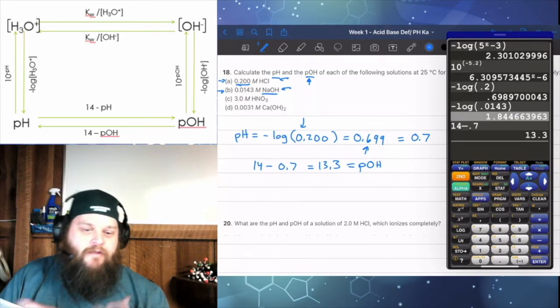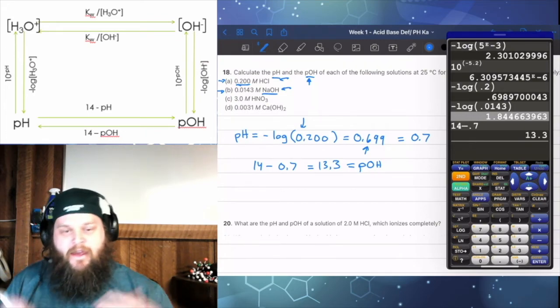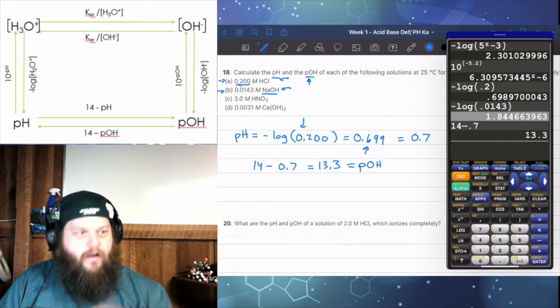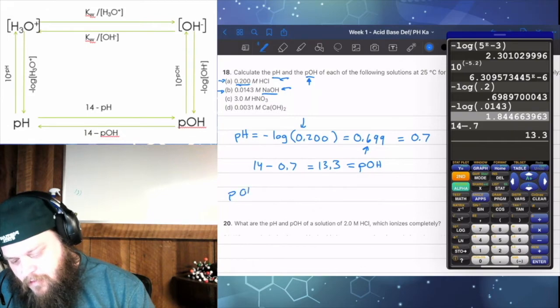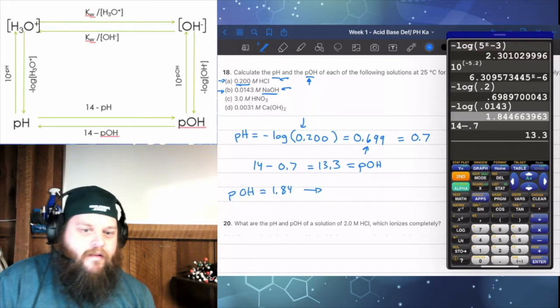Sodium hydroxide completely dissociates. It's one of your strong bases, but it creates a concentration of OH in there, which when you put it into the negative log, you get the pOH from it. So if the pOH is equal to 1.84, then what would the pH be?